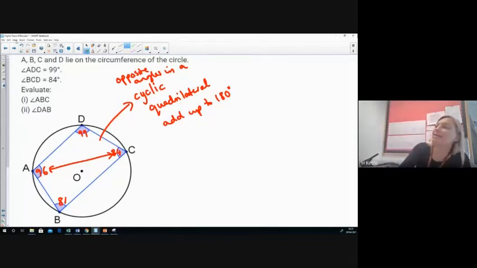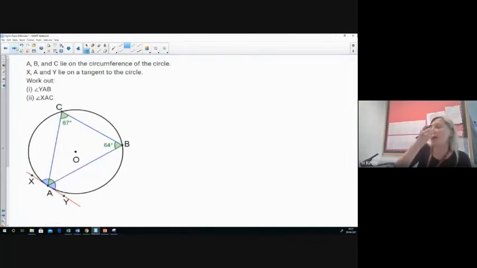Looking at our next circle theorem, A, B, and C lie on the circumference of the circle. So we've got this triangle that is touching a tangent, and the tangent is xy. Now, this is the alternate segment theorem.